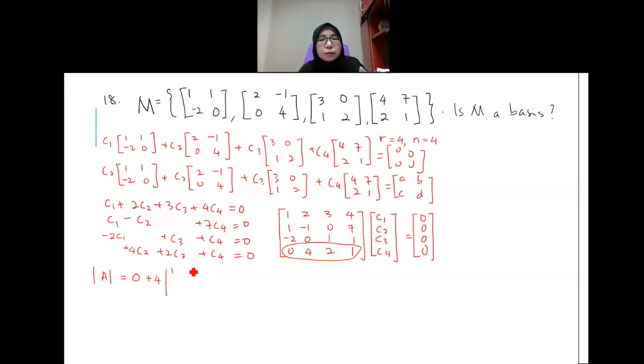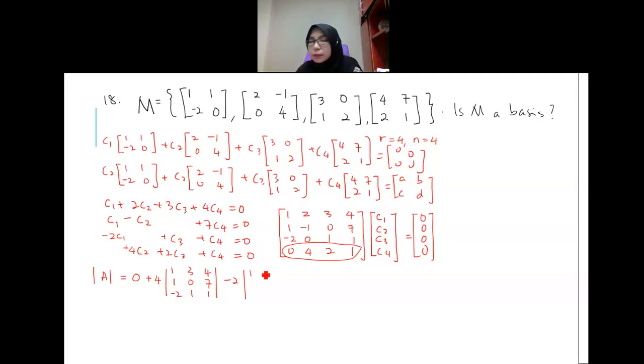So 1, 3, 4, 1, 0, 7, okay, negative 2, 1, 1, right? Minus 2, positive, negative, positive, this one negative, positive. Next is negative. So that's why here got negative. Okay, negative 2.